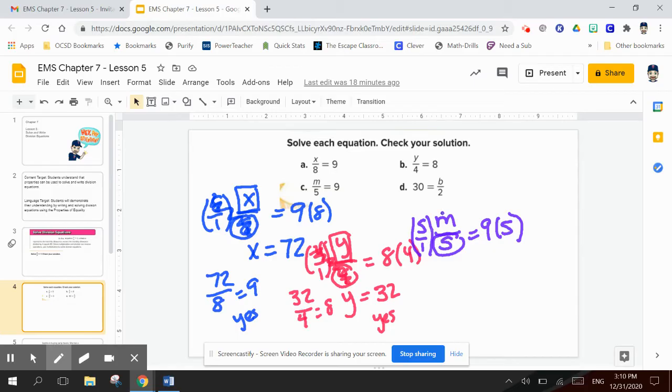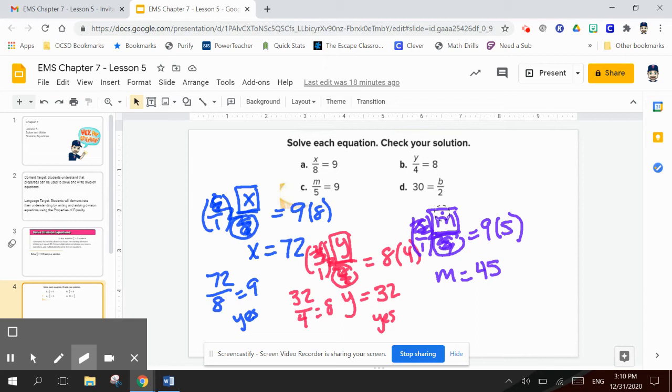One is just written in fractional form. This one is not. So when I multiply, I simplify before I multiply. The two 5s cancel each other out. I'm left with the m, and 9 times 5 is 45.